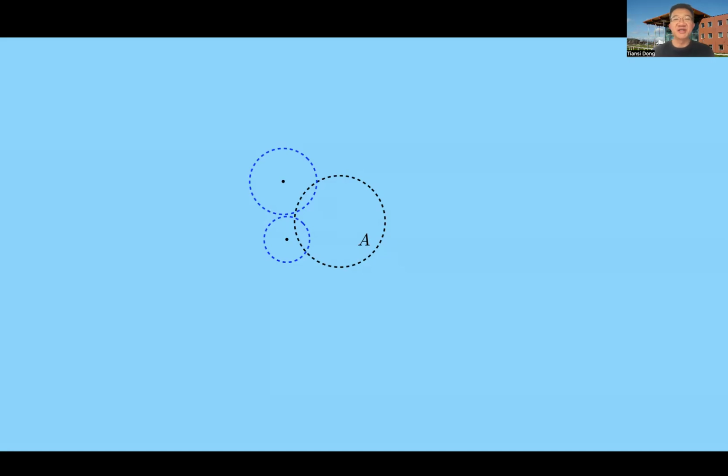If this point is outside sphere A, we can take the distance between this point and the central point as the radius, then this sphere definitely partially overlaps. If it is inside, as long as it's not the center of A, we can always create one. So the answer is any point except the center of A is a possible central point for a sphere that partially overlaps with A.